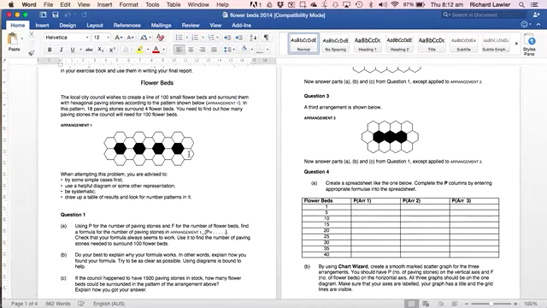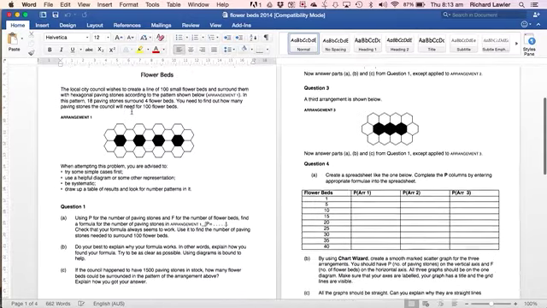So what you need to do is work out how many paving stones the council will need for a certain number of flower beds. Now here it says 100, but basically if we can find the pattern, if we can find what matches up flower beds to paving stones, then it doesn't matter if there were 10 flower beds or 1,000. We could do that. That's the good thing about finding functions or rules.